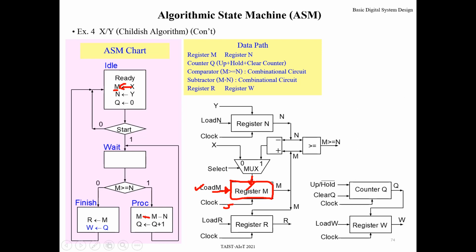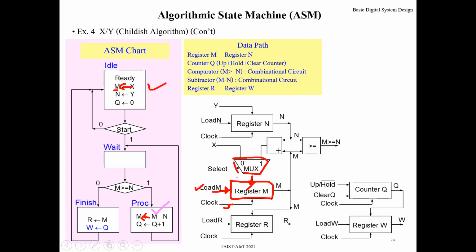But this state, load data from m minus n. That means you must use multiplexer, right? To select that. At this state, you load data from x. But at this state process, you read data from subtractor circuit, m minus n.